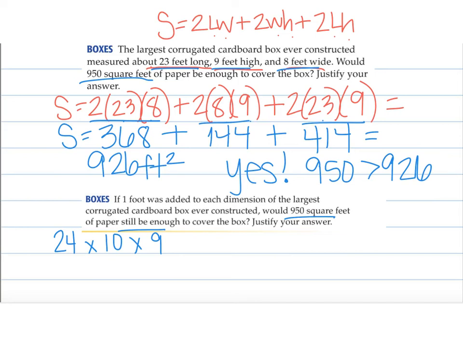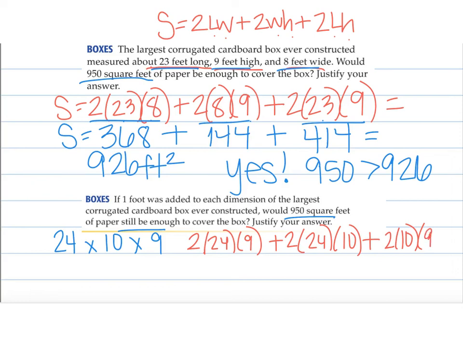And these X's just kind of stand for the dimensions of the box. So now we have 2 times 24 times 9 plus 2 times 24 times 10 plus 2 times 10 times 9.